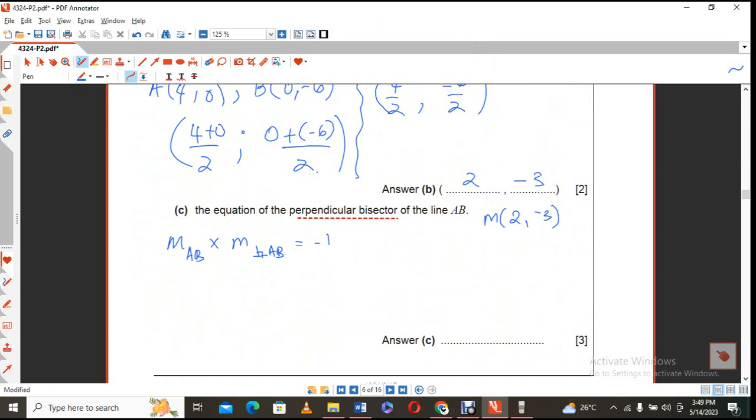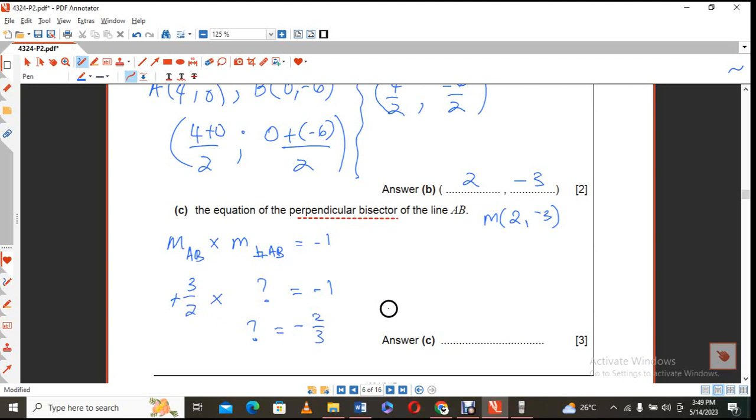So this 3 over 2 multiplied by something should give you -1. Well, that something will be the inverse, 2 over 3. You swap it around, because if you multiply any fraction by its inverse you get 1. And this is positive, so our answer should be negative.